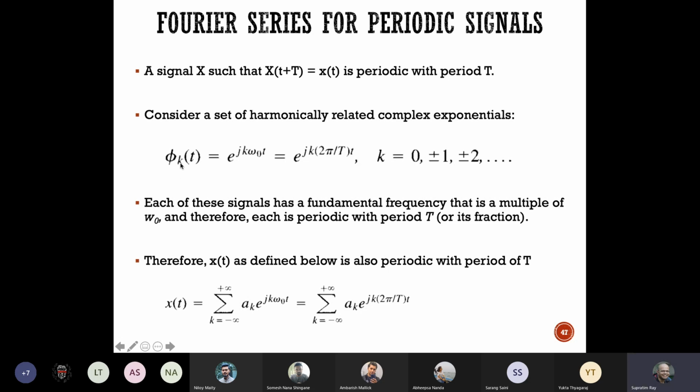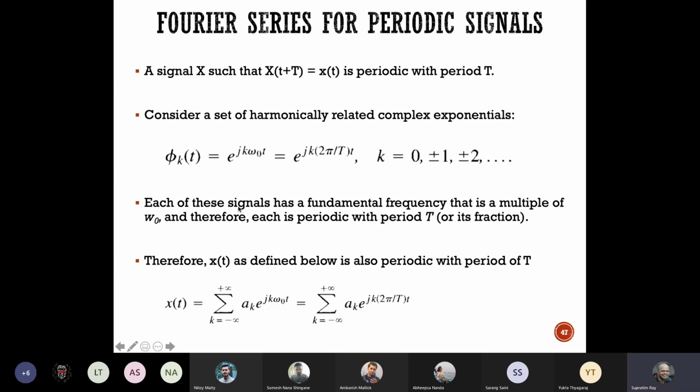As I'm increasing k, this frequency is increasing. When k is 0, it's just a constant 1. When k is 1, it's 2 pi by T. When k is 2, it's twice the frequency. And so on.